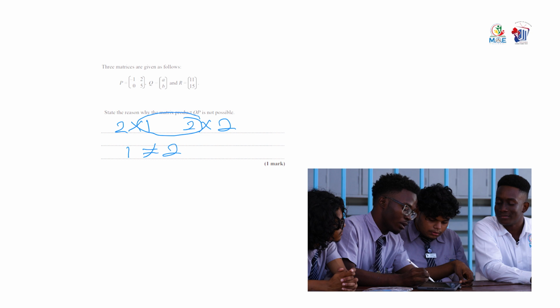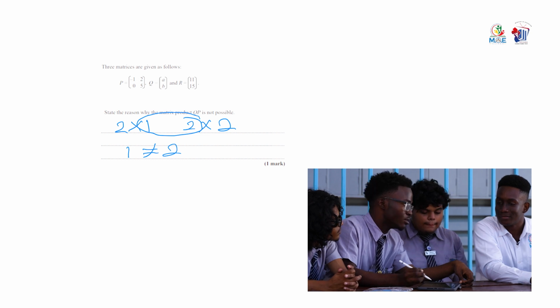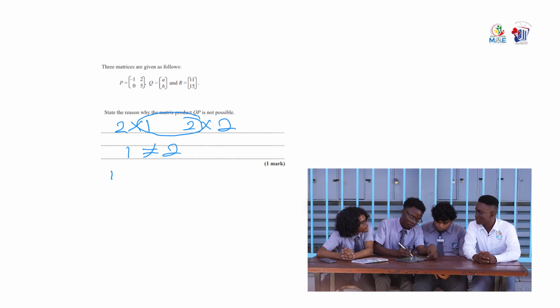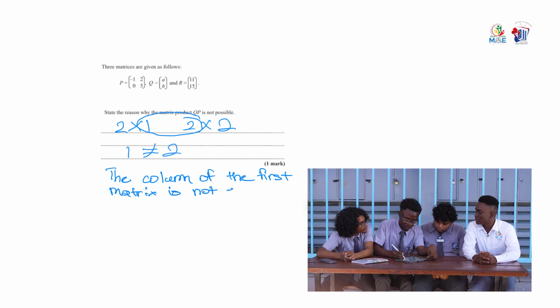So therefore, this product is not compatible. What would be your reason? What would you say if you had to write it down? We would say the column of the first matrix is not equal to the row of the second matrix.